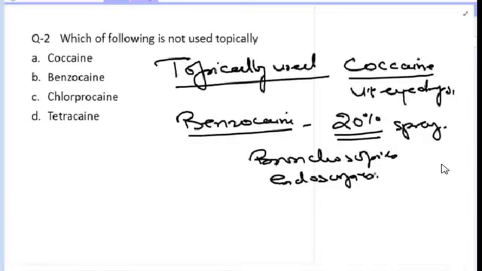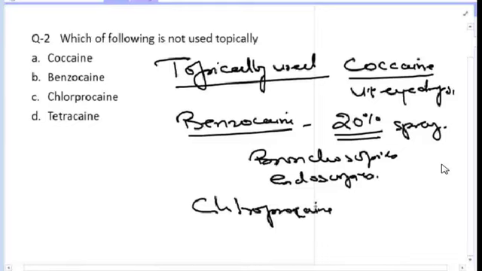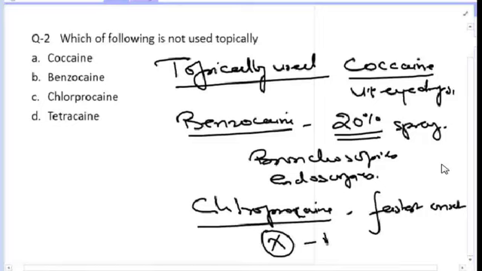Then third is chloroprocaine. Now, chloroprocaine has fastest onset of action. It is not used topically. So chloroprocaine is one drug which is not used topically.